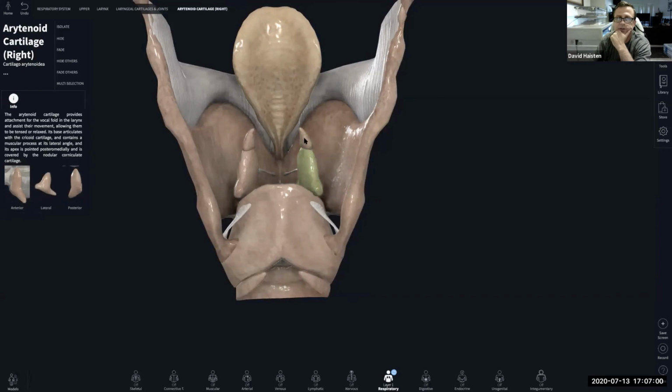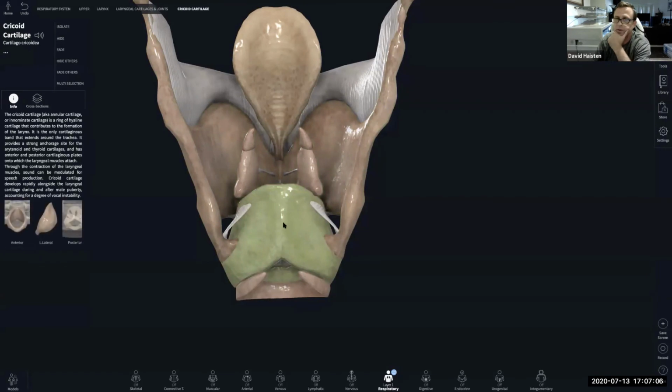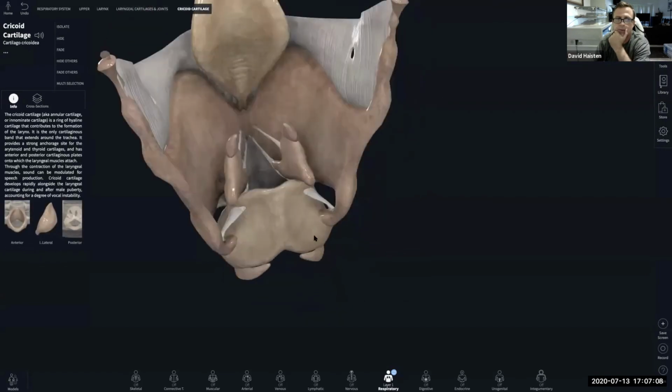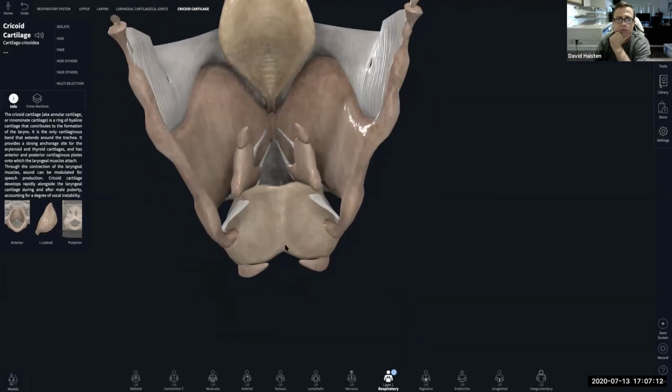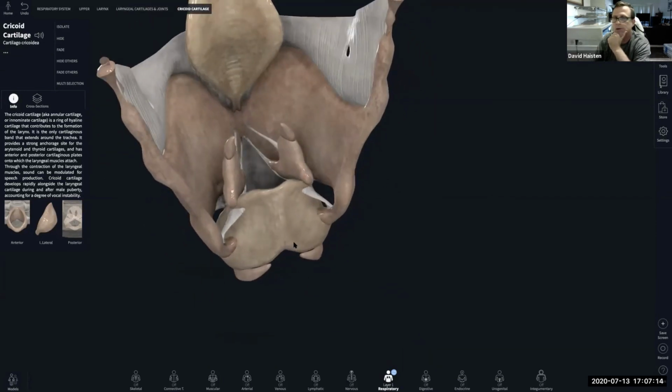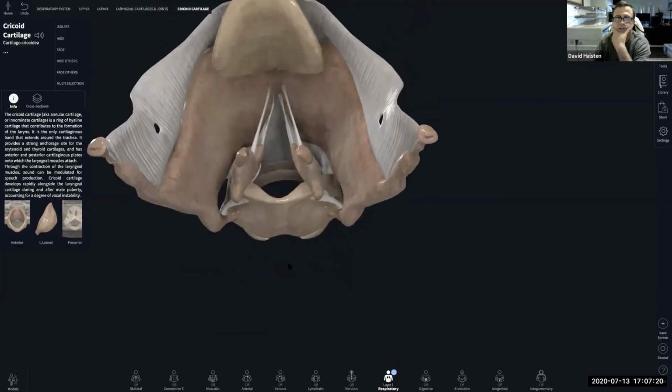Arytenoid cartilage, corniculate cartilage, thyroid cartilage, cricoid cartilage. Don't worry about the cuneiform cartilage. It's on your list, but we're just going to ignore it. It's not important. So these are the four main cartilages.